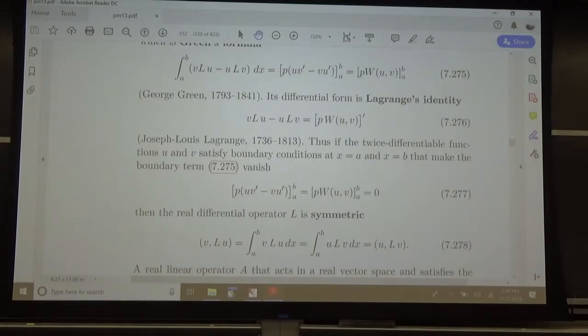And that's an identity called Lagrange's identity.